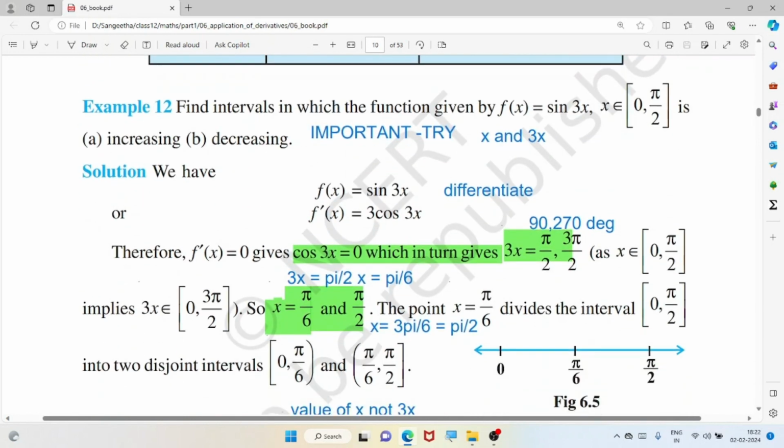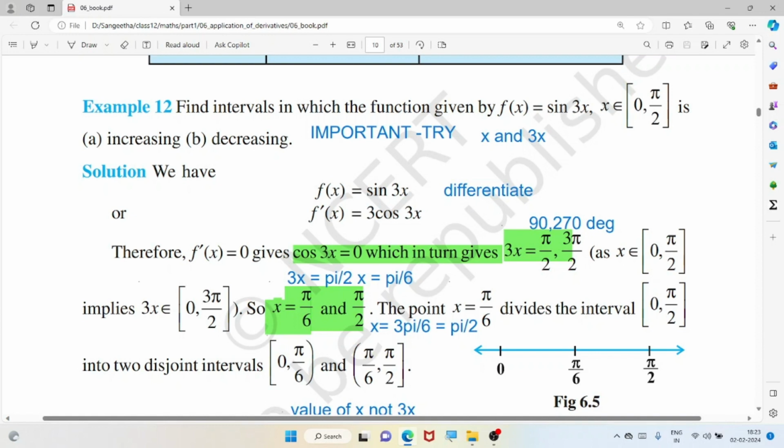See, the important thing here is f of x equals sine 3x, but the interval is given for x from 0 to pi by 2. Then f dash of x is 3 cos 3x, since you differentiate 3x to get 3. That is why you should know differentiation.